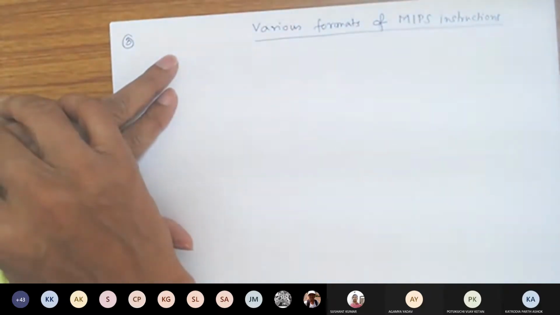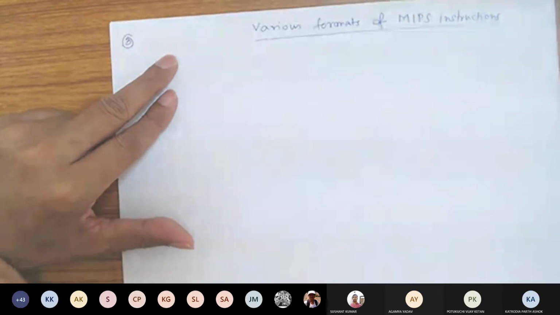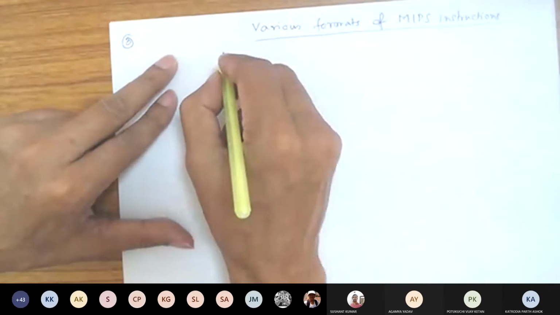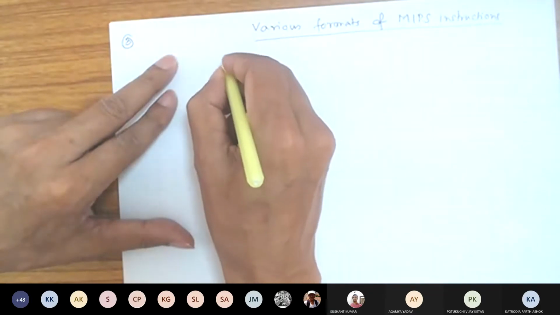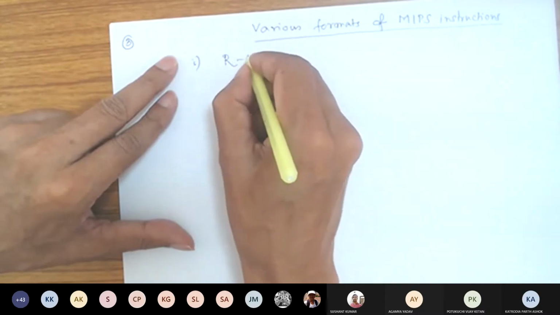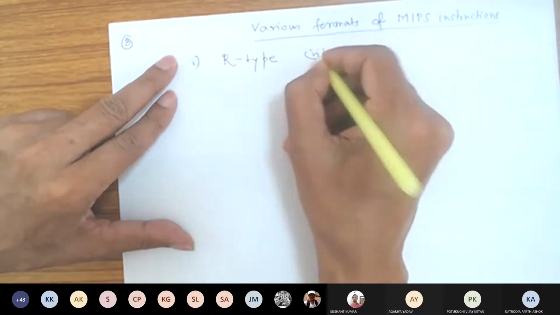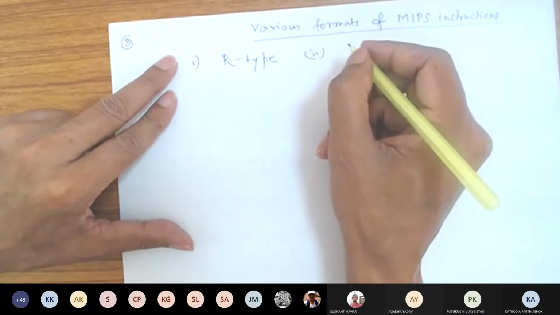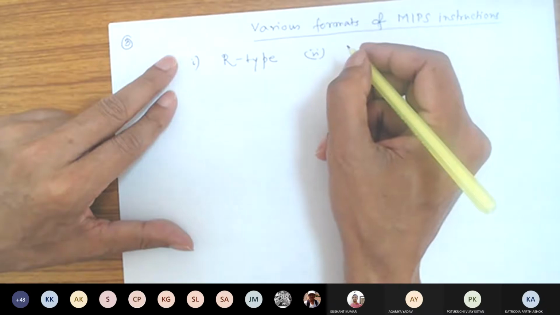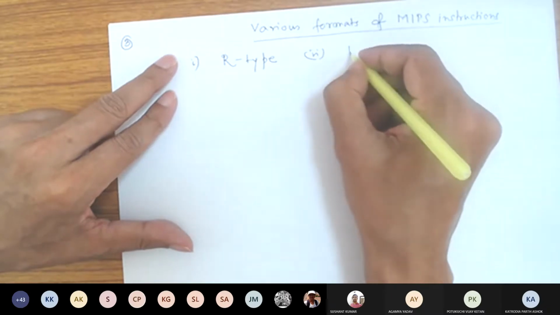We shall now look into the different formats. There is R type, then we have immediate type.